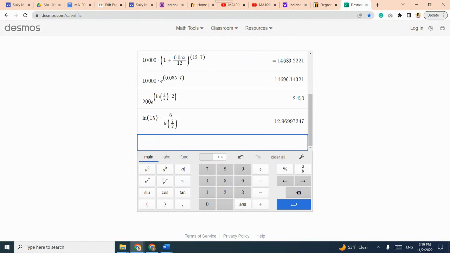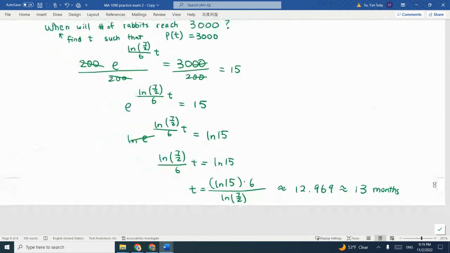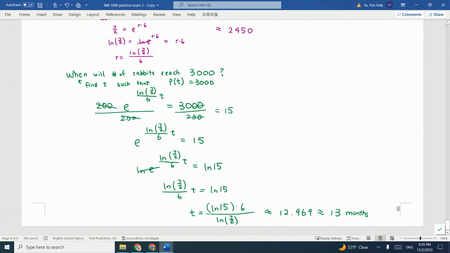Enter. 12.969. See? About 13 months. Oh, wow. It increased so fast. You see? At 12 months, we have 2,450. And then at about 13 months, our number will reach 3,000.